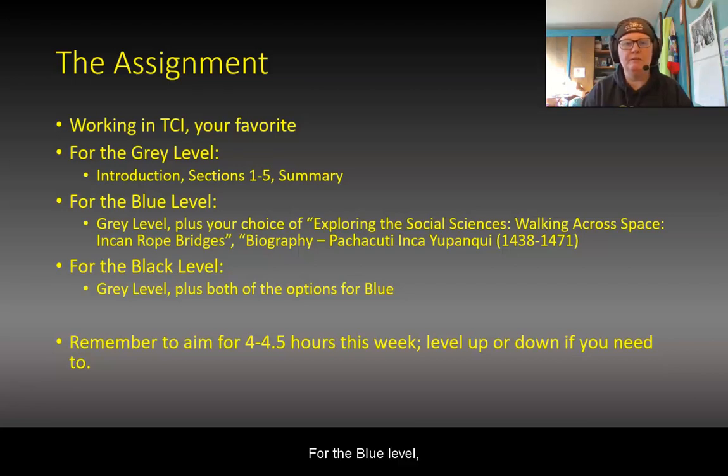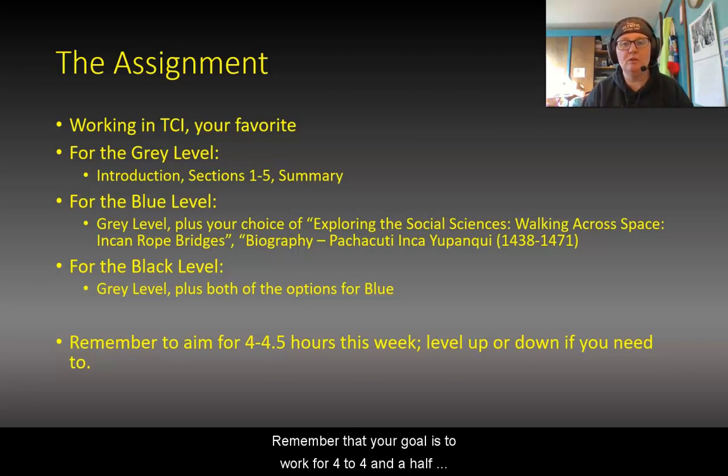For the blue level, you're going to do the same stuff as the gray level, plus either exploring the social sciences, walking across space, Incan rope bridges, or biography of Pachacuti Inca Yupanqui, who lived from 1438 to 1471. And for the black level, you're going to do the gray level plus both of those options listed for blue.